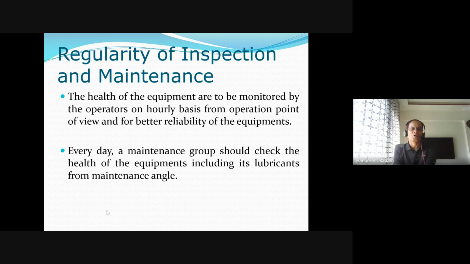Operators in the plants are allocated different areas, and they inspect and record readings of vibration, pressure, temperature, and flow in their logbooks. Every day, a maintenance group should check the health of the equipment, including its lubricants. Every day, the maintenance team, mechanical, electrical, instrumentation, takes a round and physically checks the health of this equipment.